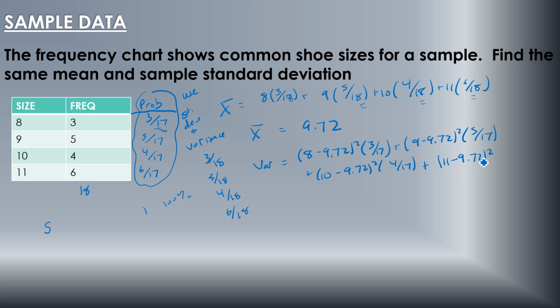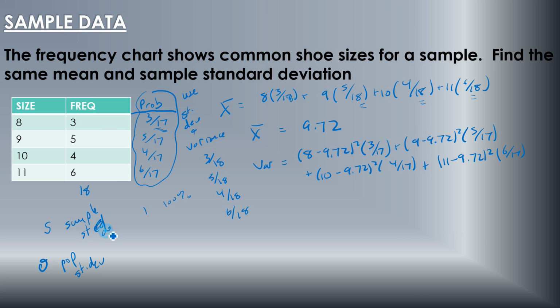Now your calculator will do this for you. And what you will be looking for, again, is instead of looking at sigma, which would be the population standard deviation, you'll be looking at S, which is the sample standard deviation.